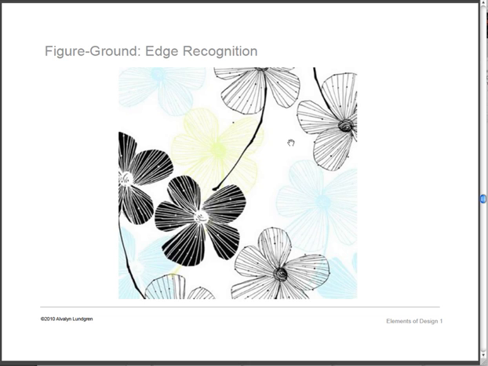So they will automatically be further away and closer to the ground than they will be to the foreground plane of the design. So we see a sense of layering.